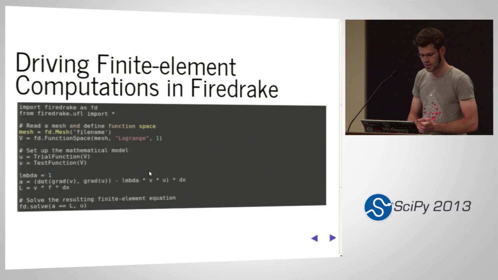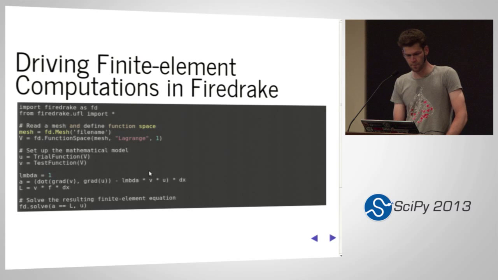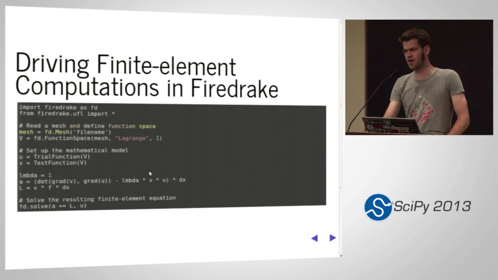So how do you drive finite element computations in Firedrake? For those who are familiar with FEniCS and the FEniCS finite element package Dolfin, this will look familiar to you, which is intentional. We try to stick as closely as we can to the Dolfin interface to make it easy for people to switch or to use a framework.